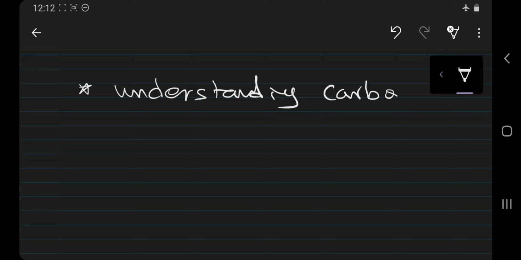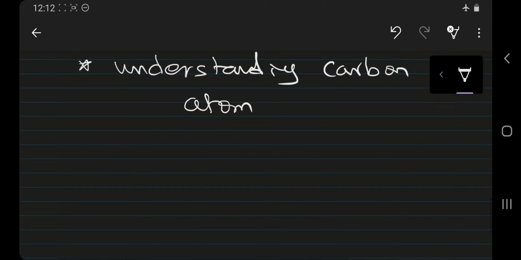What we are trying to do in this lecture is understand the carbon atom. Now the carbon atom, as you all know, has atomic number 6 and electron configuration 2, 4.